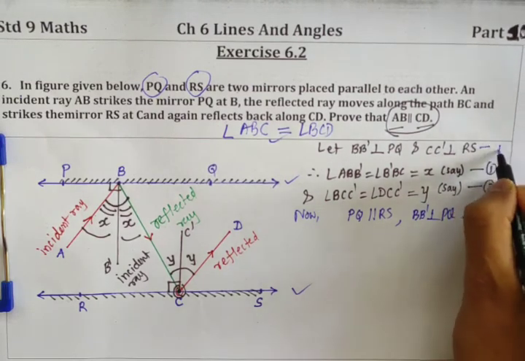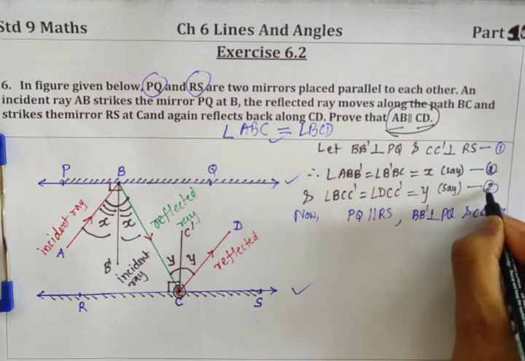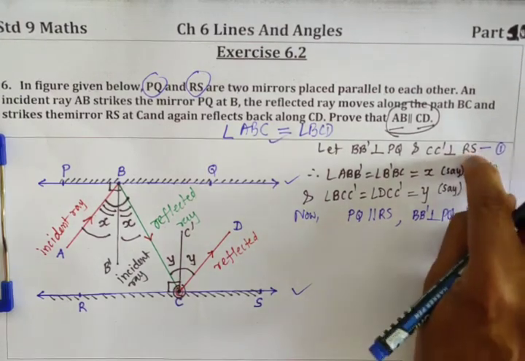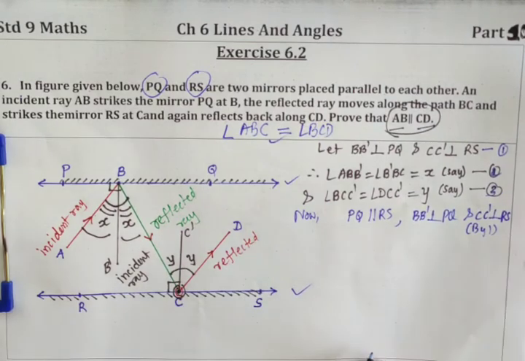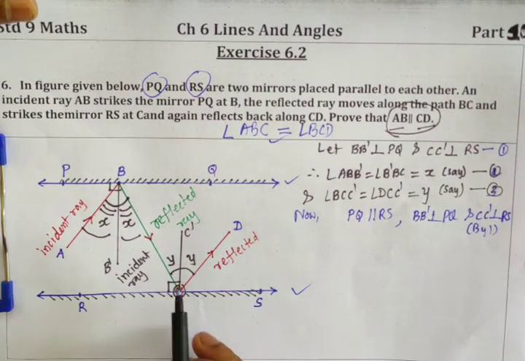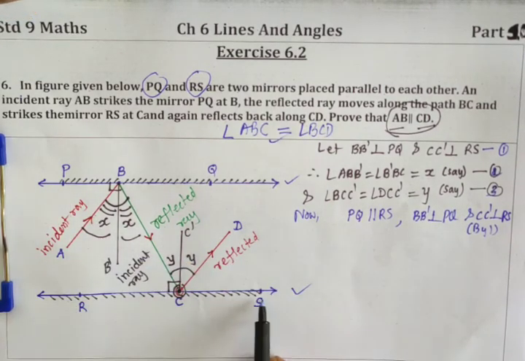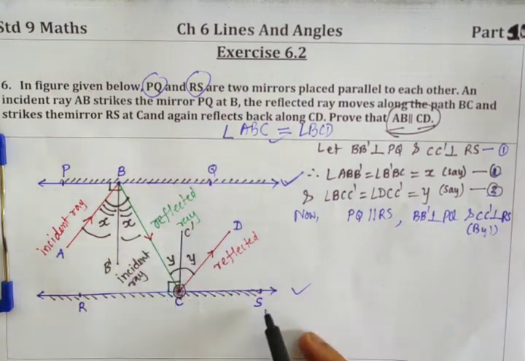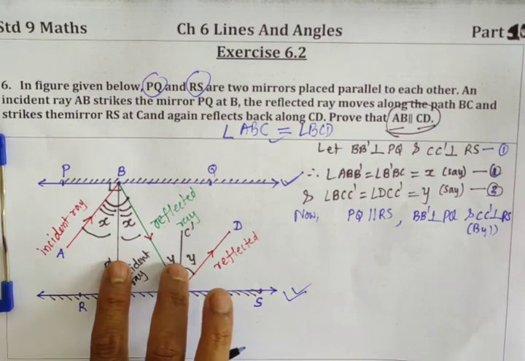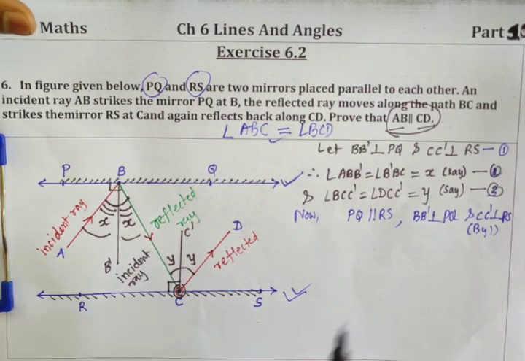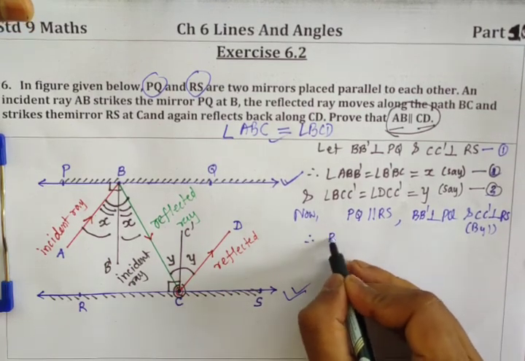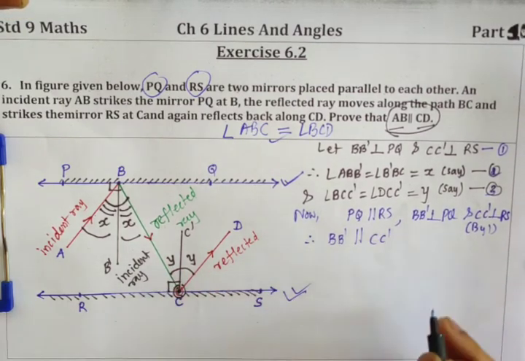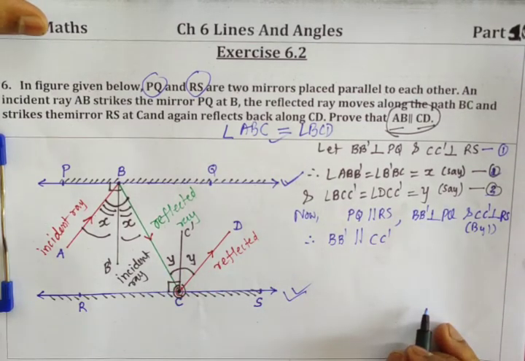Children, I'll call this result 1, this 2 and this 3. This 2 you got by 1. We have taken that perpendicular, correct. Now see, PQ is parallel to RS, BB dash is perpendicular to PQ and CC dash is perpendicular to RS, so they are supposed to be parallel, so you can say straight away, therefore BB dash is parallel to CC dash. Is that clear to you?